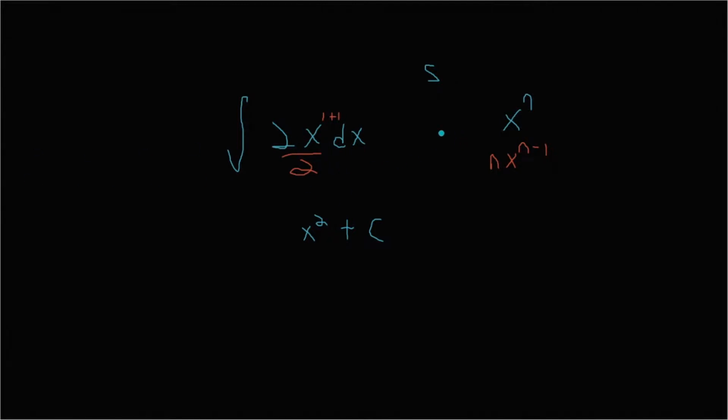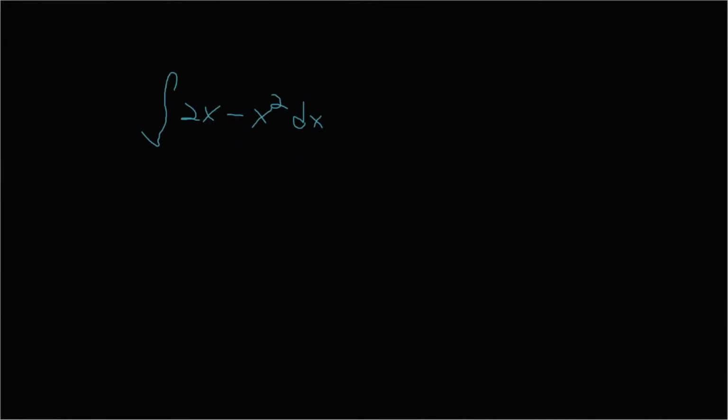So let's do another problem for practice. We have the integral of 2x minus x squared dx. How do we approach this?